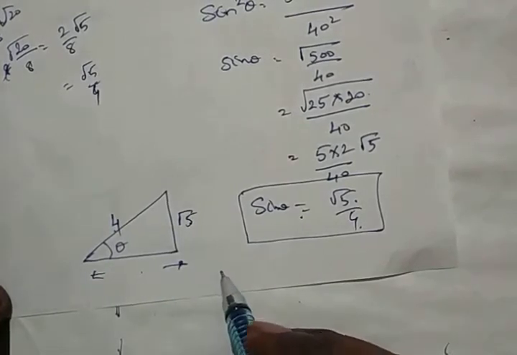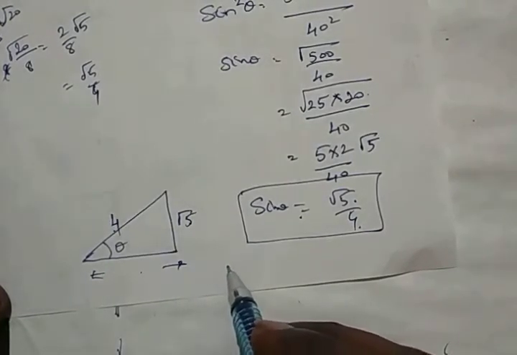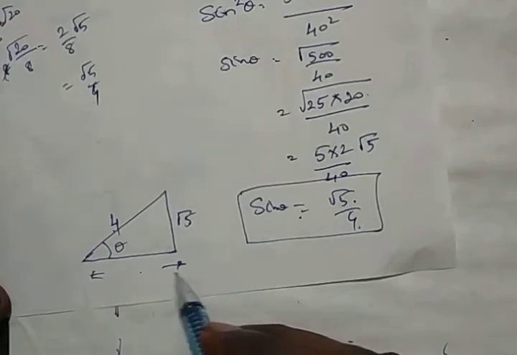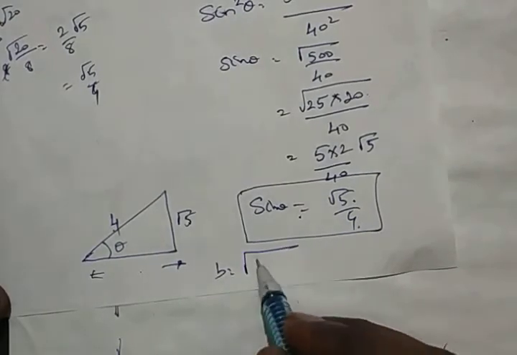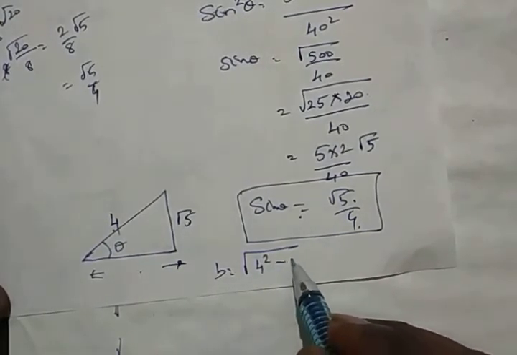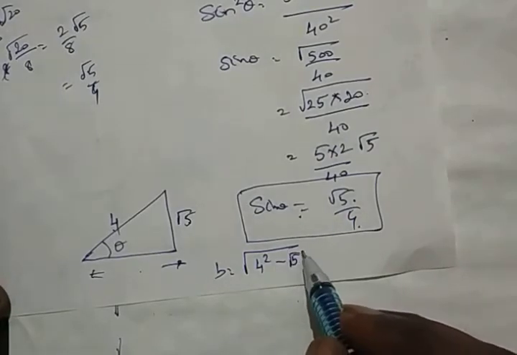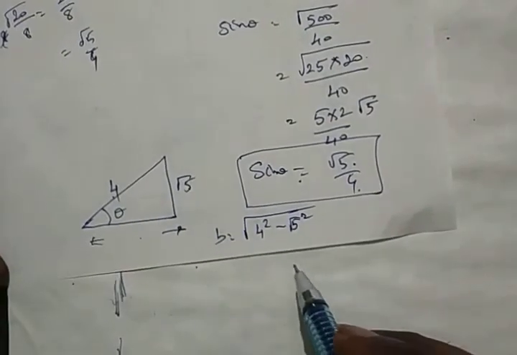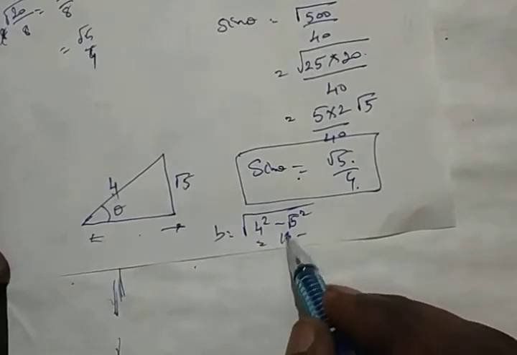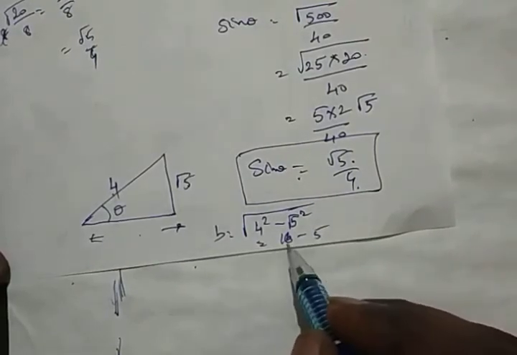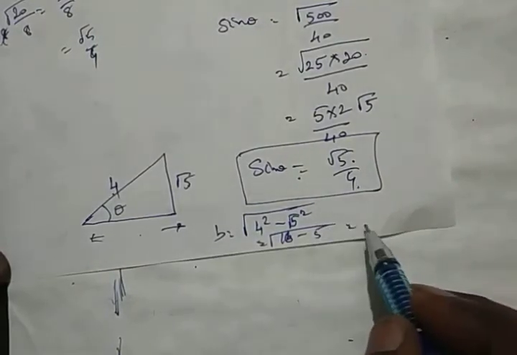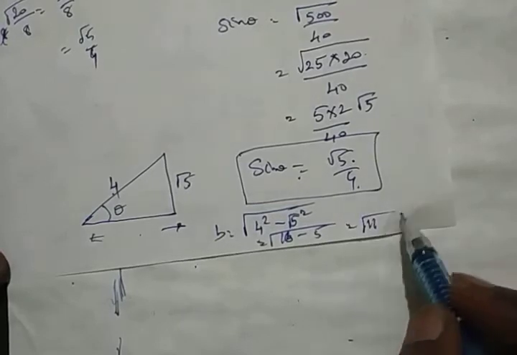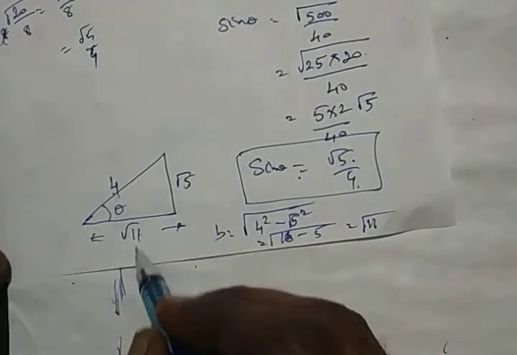The base is equal to under root of 4 square minus under root 5 square, so it's going to be 16 minus 5. What is 16 minus 5? 11, so you get under root 11 here.